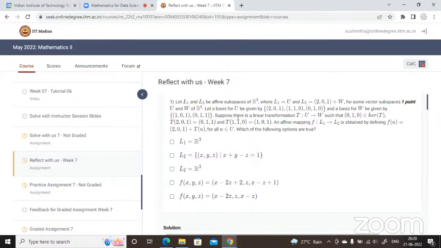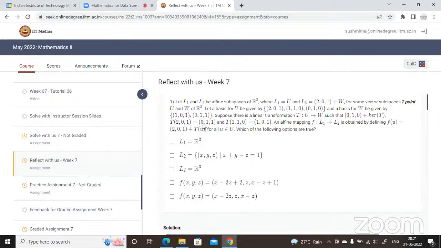A basis for U is also given. How many elements are there in the basis? Three. So the dimension of U is 3. How many three-dimensional subspaces of R3 are there? The only one, R3 itself. Got it. Thank you.